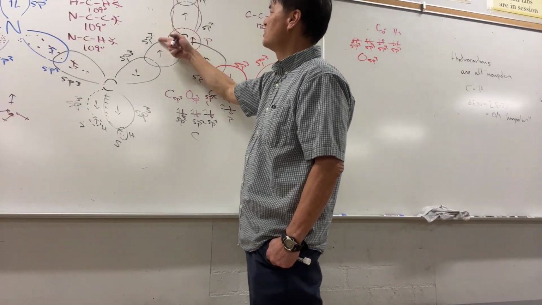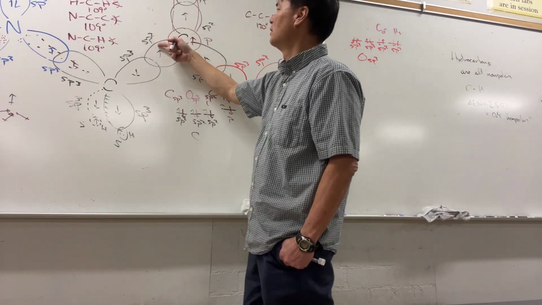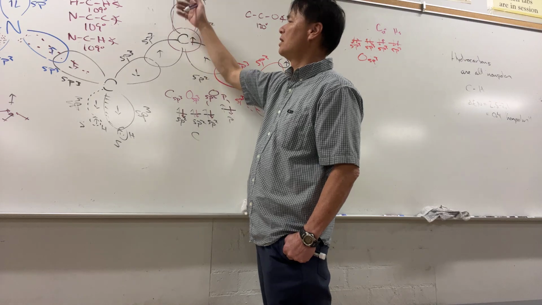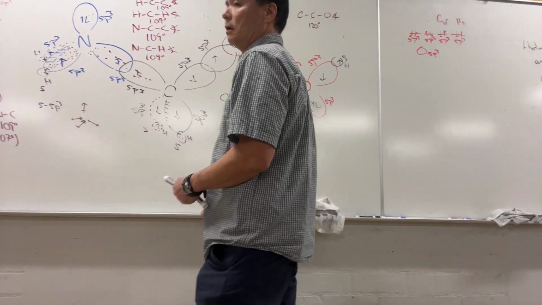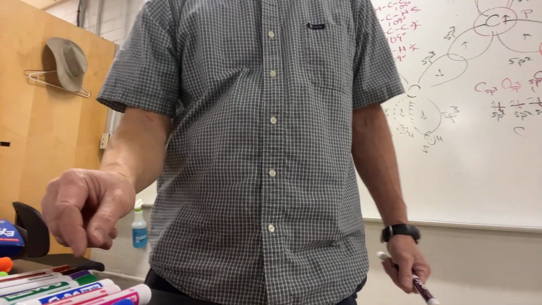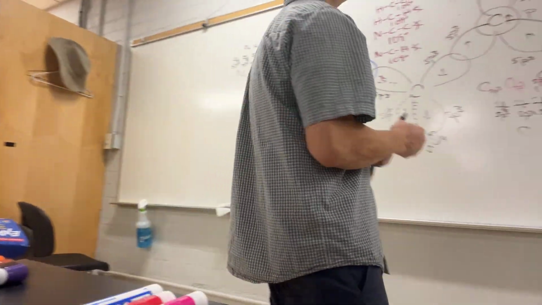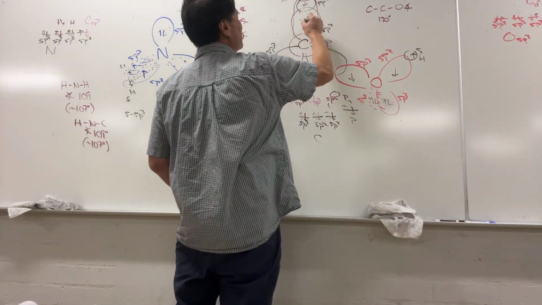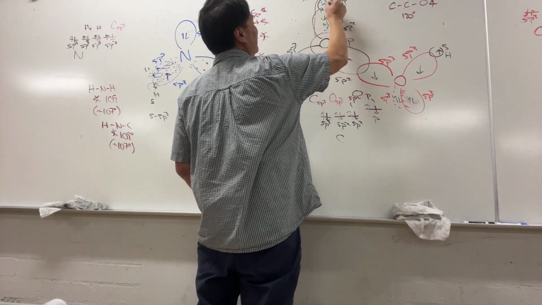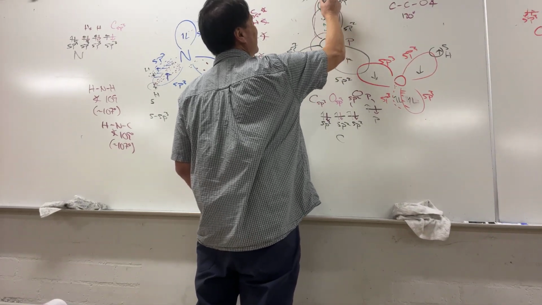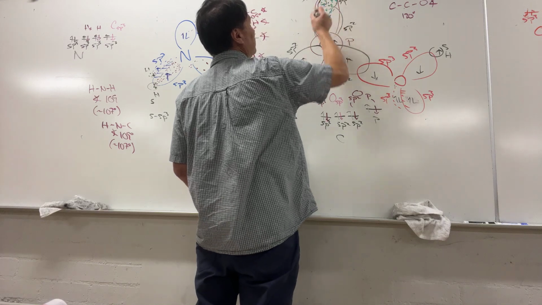What that's going to do is widen out this angle here, because there's more electron density here. We've got twice the electron density. So we've got the sigma electron density, which is here. It's going to be polarized to oxygen, so this is a polar bond here, and it's going to be kind of asymmetric.